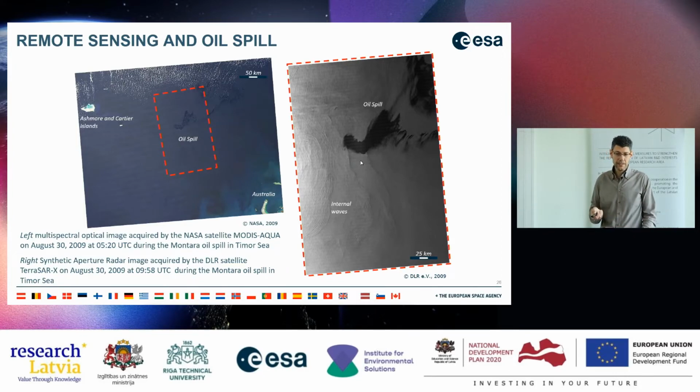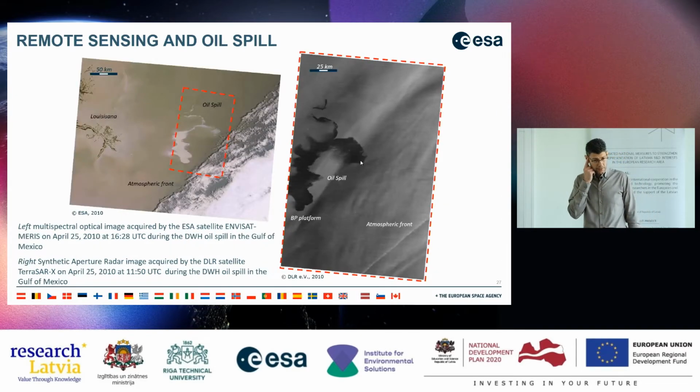Of course, optical is easier for humans to recognize what is happening there. And on the right-hand side, the oil spill area, I can already pre-announce to you, is where you have this large area of low backscatter, this dark area in the image.